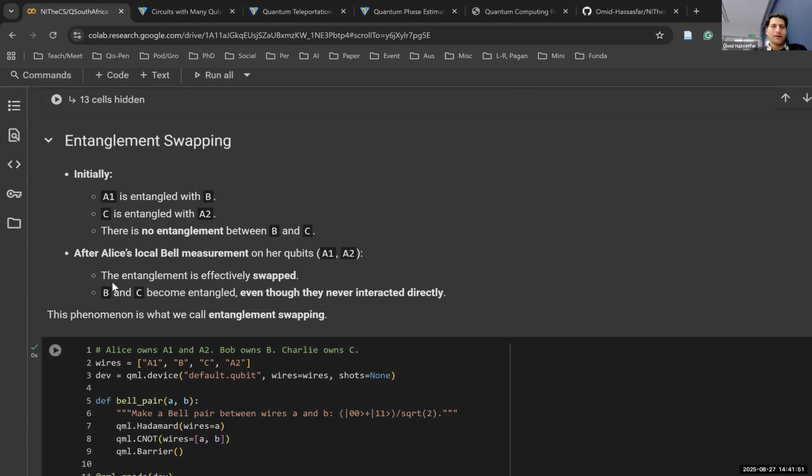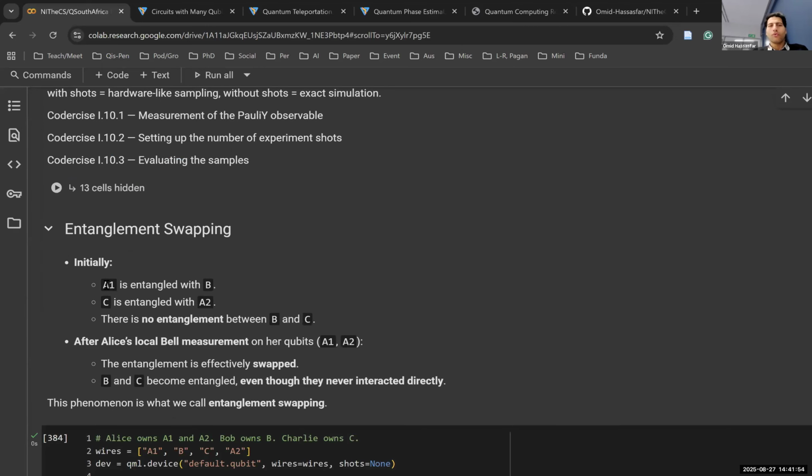First of all, qubit number 1 of Alice is entangled with Bob's qubit, and qubit number 2 of Alice is entangled with Charlie's. You can see there is no entanglement between Bob and Charlie. The point here is we want to swap the entanglement, so that Bob and Charlie become entangled, and they don't have any interaction. That is very interesting.